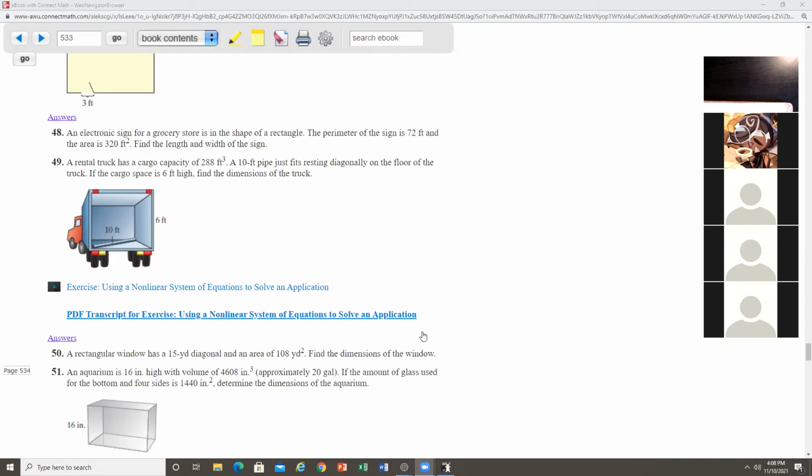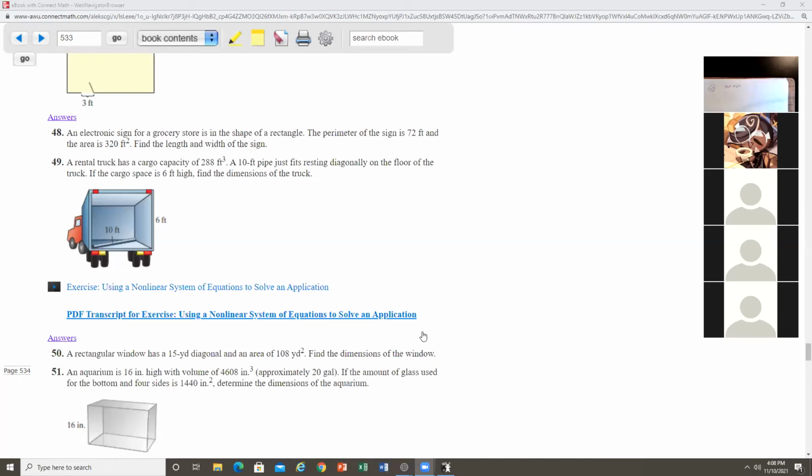Well, we already know one dimension. What dimension do we know automatically? The height. We know the height. It's 6 feet high. We have to find the length and width of the payload on that truck. So to do this problem, number 49, section 5.4, ladies and gentlemen, I think we need to look at the top view.